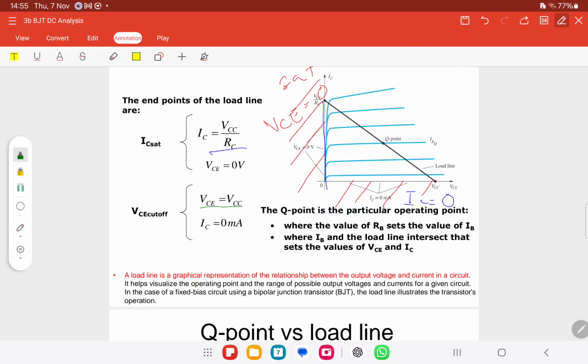This one VCE equals to VCC at cut off. So if the question tanya find IC saturation, so you kena ingatlah at saturation VCE yang voltage tak ada. Meanwhile, kalau the question ask about VCE cut off, so the IC is the 0.